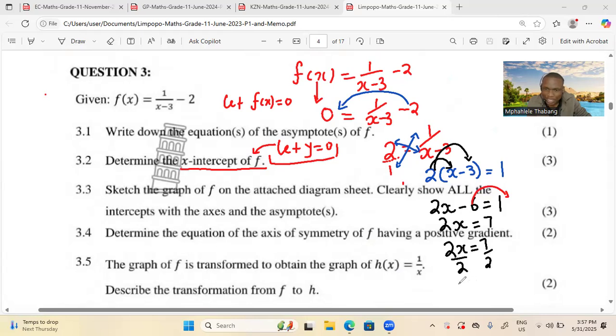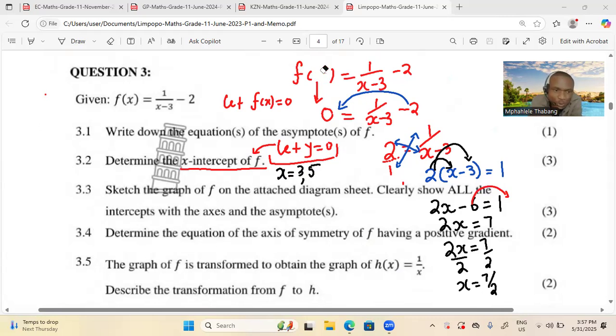So x is 7 over 2, which is 3,5. So the x-intercept of f is 3,5. Don't forget, how do we find the x-intercept? We let y be 0. So I'm going to write my x-intercept here: x equals 3,5, which is 7 over 2.